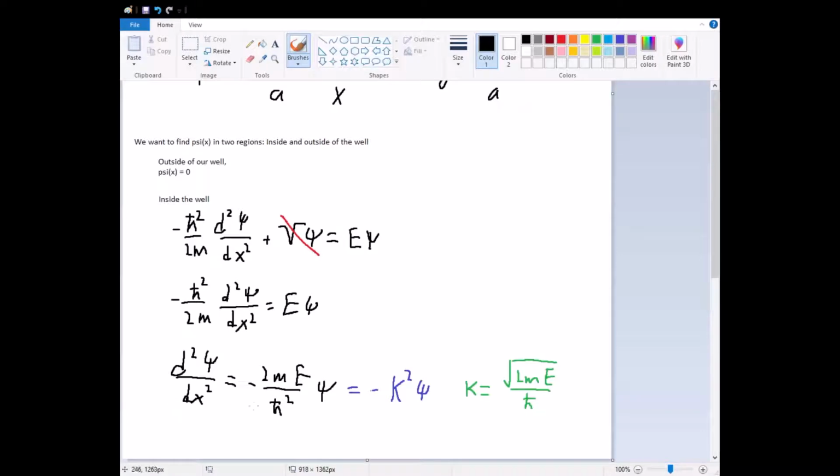When we have a second order differential equation of this form, this is the exact form for simple harmonic oscillators, and we already know that this resolves into the following form: psi of x equals some constant A times sine of kx plus B, which is another constant, times cosine of kx.